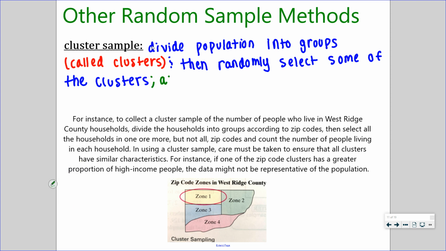So I write that down: all members of the selected cluster are in the sample.